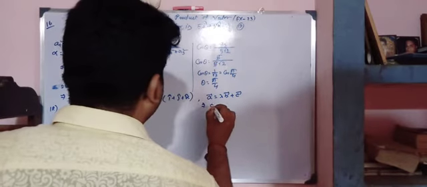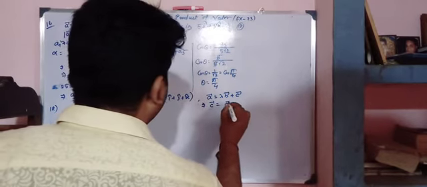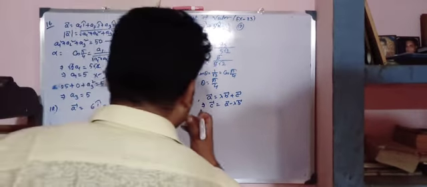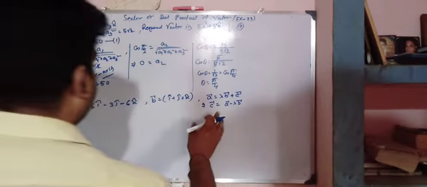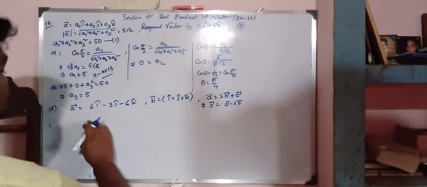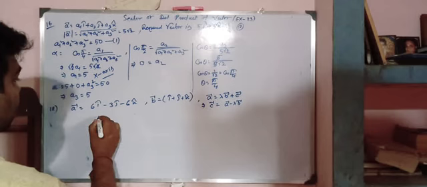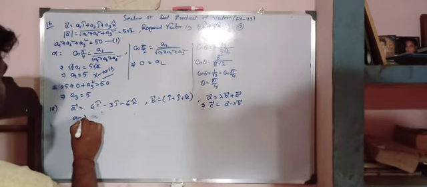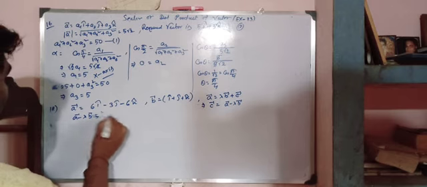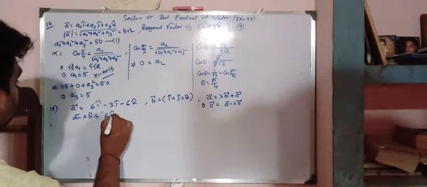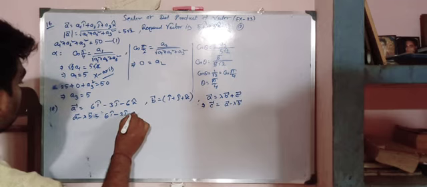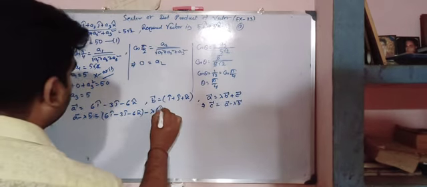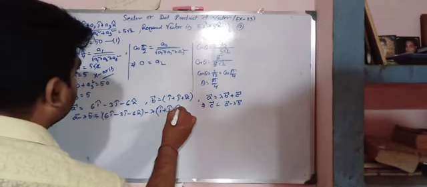Now from here, C vector is equal to A vector minus lambda B vector. See, it is perpendicular to B. So now we have to find this vector, that is A minus lambda B. A minus lambda B is equal to 6 i cap minus 3 j cap minus 6 k cap minus lambda times B, i cap plus j cap plus k cap.